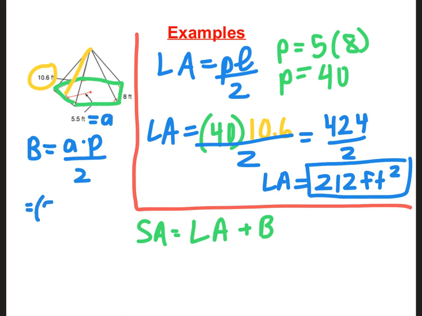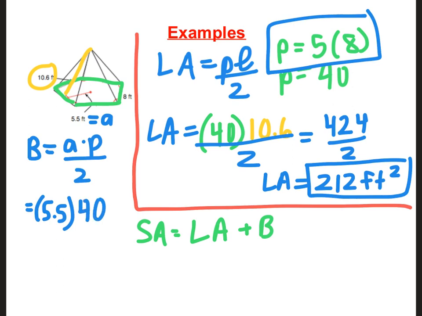So we're going to have 5.5 times our perimeter. Now notice we already found P up here for our previous problem, so we can just use that number again. So times 40, and then divided by 2. Again, I'm going to put 5.5 times 40 into my calculator. When I do that, I get 220 divided by 2, which gives me 110. And that's going to be the area of my base.